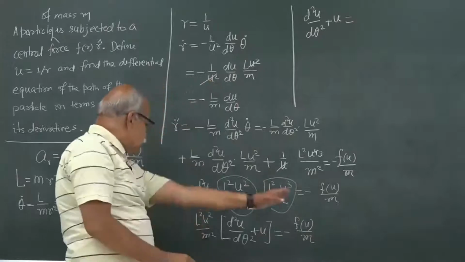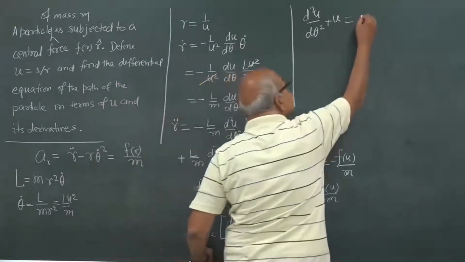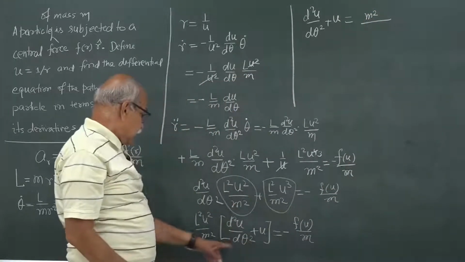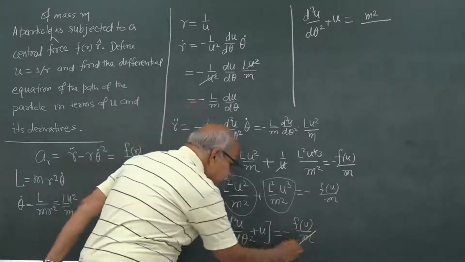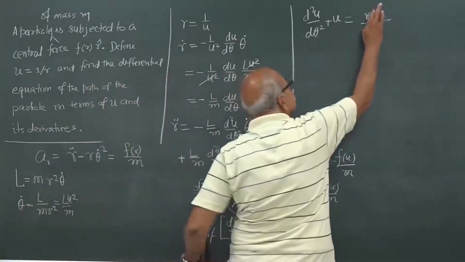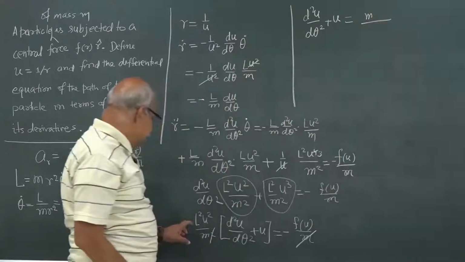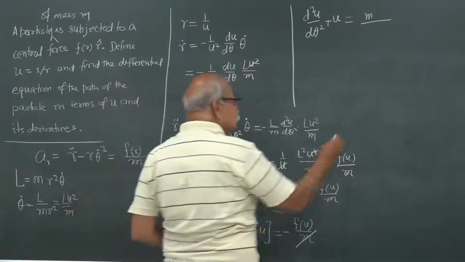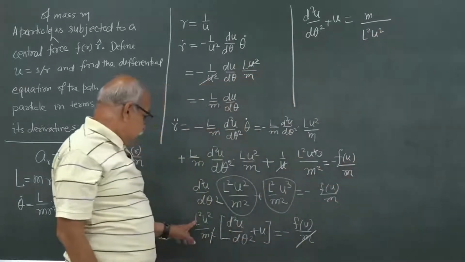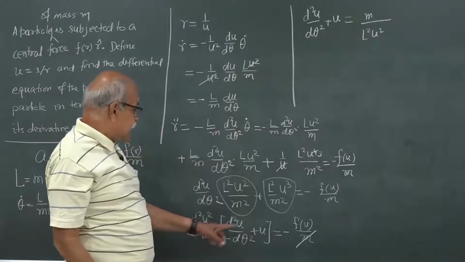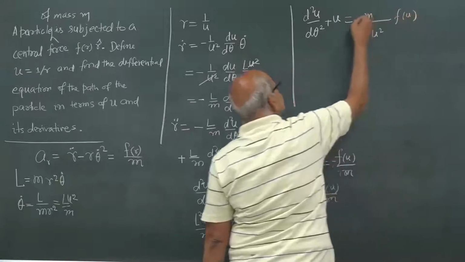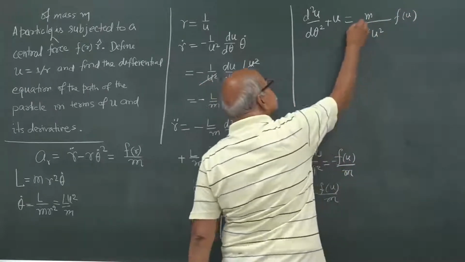this quantity goes to the right hand side, m square divided by, in fact one m I can cancel out from here itself. So, I can write just one m here, and then divided by L square u square, and that is it, f u, and this minus sign here.